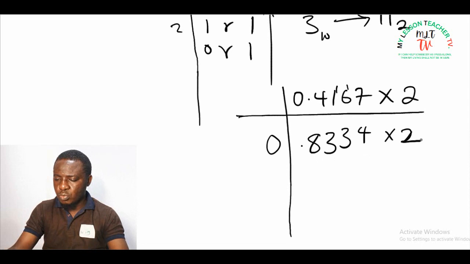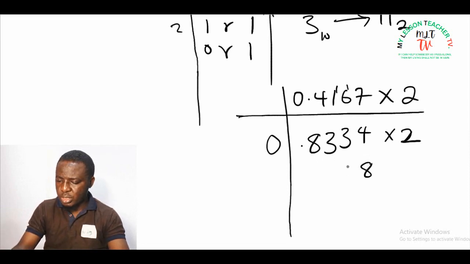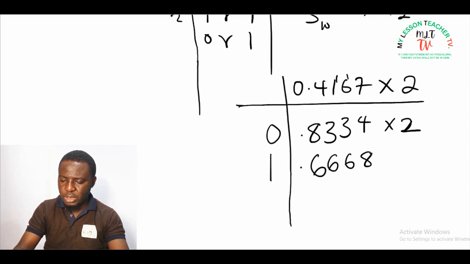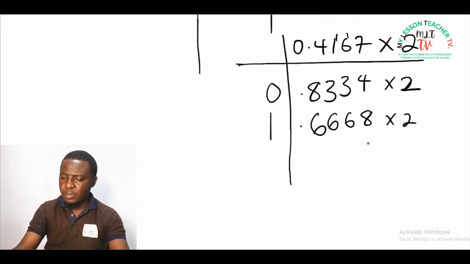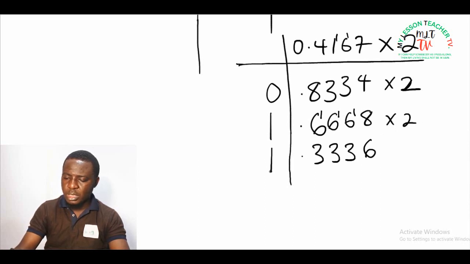So multiplying this by 2, this still gives us 0.8334. 2 times 4 is 8, 2 times 3 is 6, and we keep multiplying. But remember, we were asked to stop at the third decimal place.